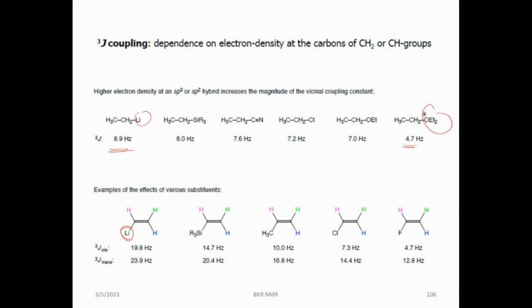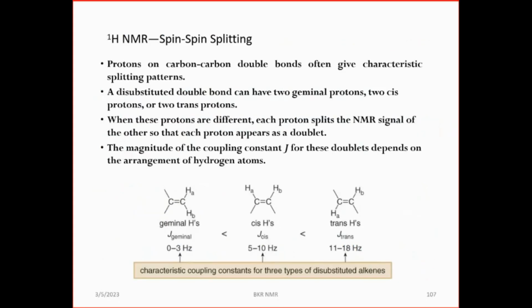And when you have an electron withdrawing group, the cis coupling has a value of 4.7, and the trans coupling has a value of 12.8. But in general, J180 is always greater than J0. So geminal is lesser than cis, which is lesser than trans. Generally trans has the highest, then cis, and then geminal.